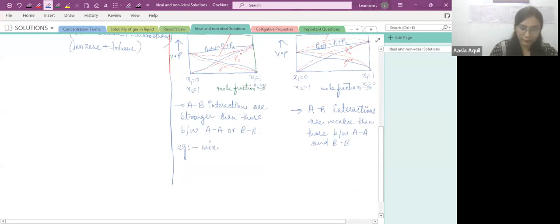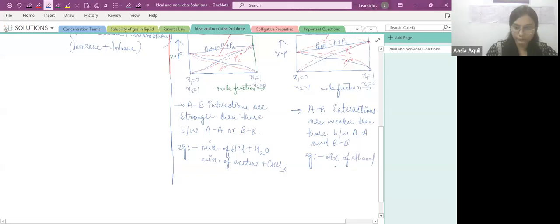For the negative deviation, a mixture of HCl and water, or a mixture of acetone and chloroform, that is CHCl3. And for the positive deviation of non-ideal solutions, the example could be a mixture of ethanol and water, or acetone and ethanol.